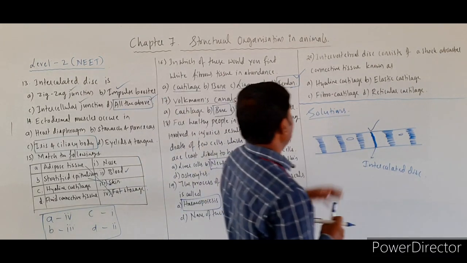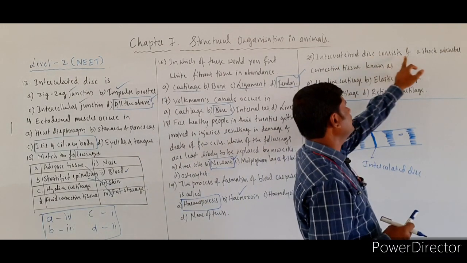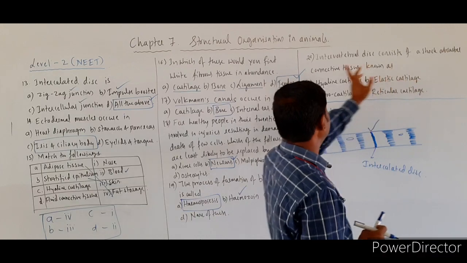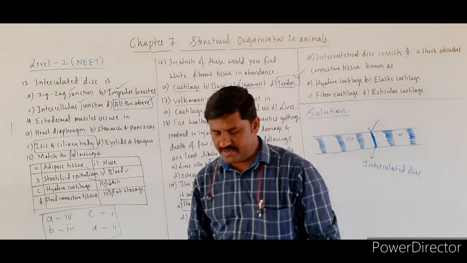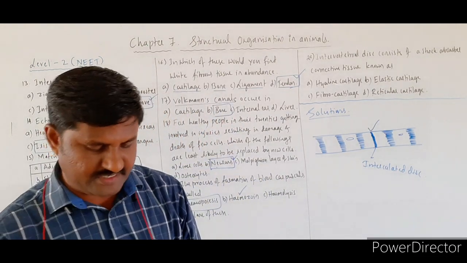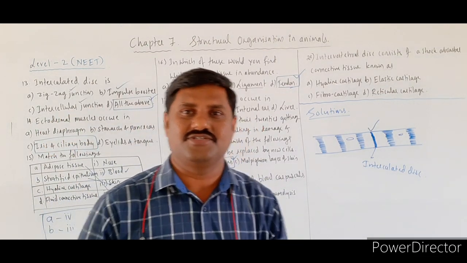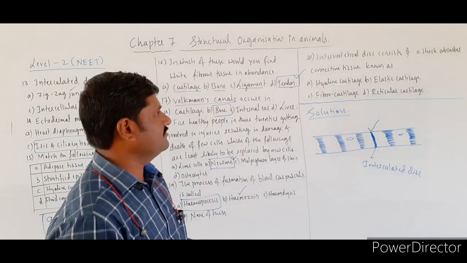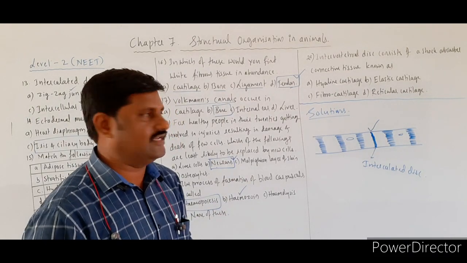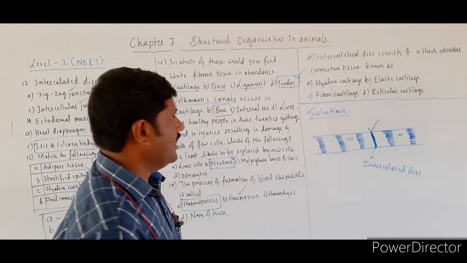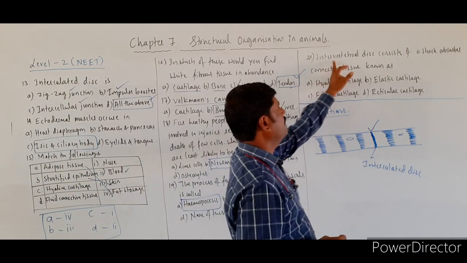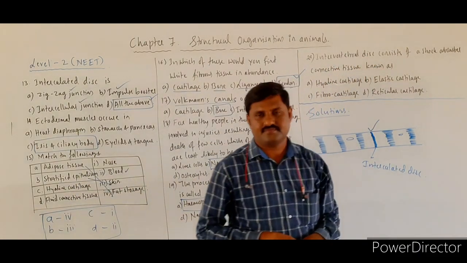And the next one: intervertebral disc consists of a shock absorber connective tissue known as. The shock absorber connective tissue itself is nothing but cartilaginous tissue. Then you just cite out which cartilage is responsible for that, and it is present in the intervertebral discs.